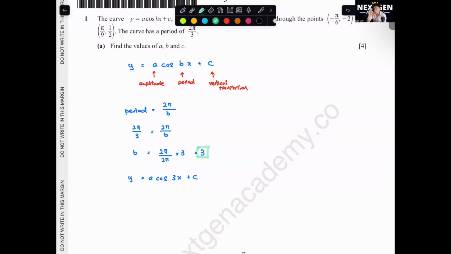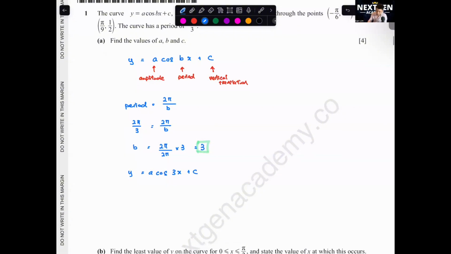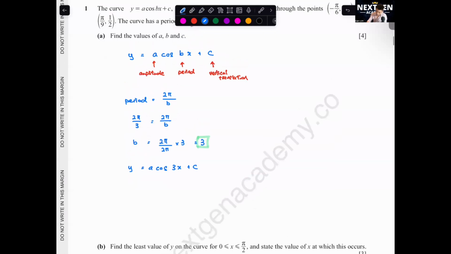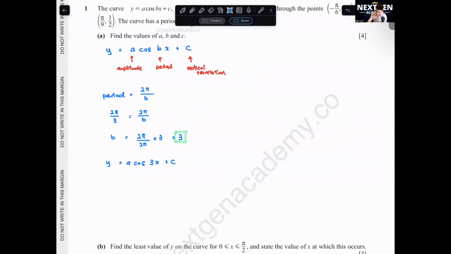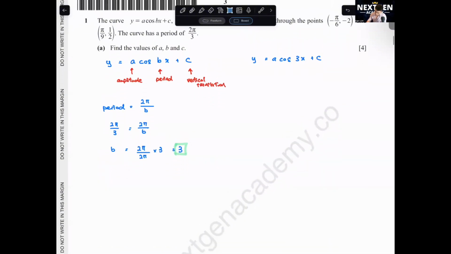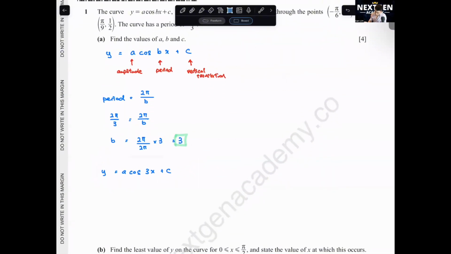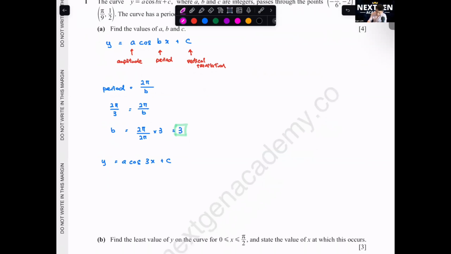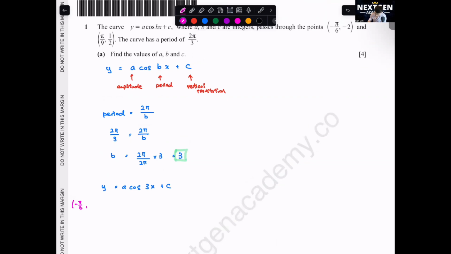We have two values that they gave us, negative pi over 6 and negative 2. Let's substitute them in.